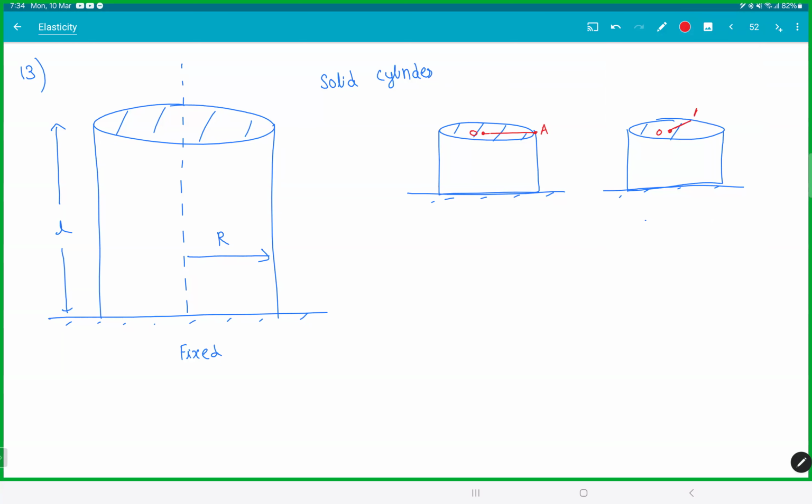This is O, A has become like this. You getting it? Theta. This thing is twisted by theta. In real life, this will be very small, maybe 0.01 degree or something. You're getting it? So when you twist this, it's called a torsional angle.